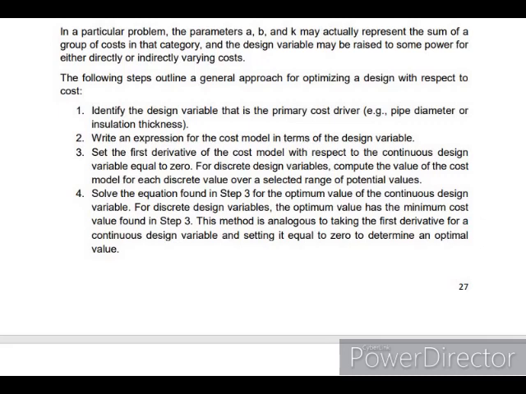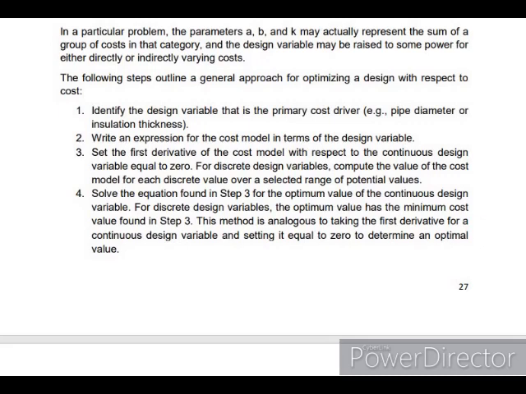Next, the following steps outline a general approach for optimizing a design with respect to cost. Okay, so here are the steps. Step 1. Identify the design variable that is the primary cost driver. Example, pipe diameter or insulation thickness. So, here in step 1, we will identify the specific design variable.